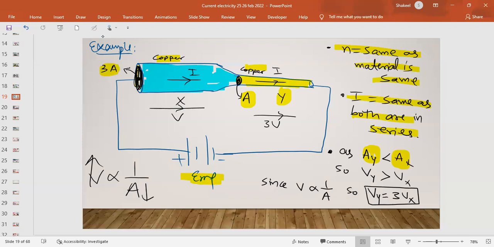So the drift speed of charges in conductor y is 3 times more than drift speed of charges in conductor x.